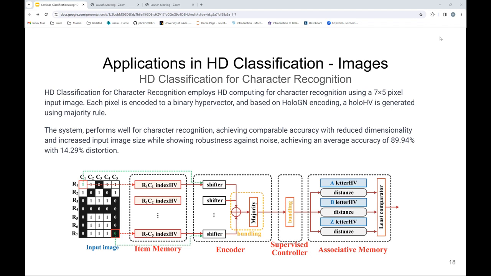The system performs well for character recognition, achieving comparable accuracy with reduced dimensionality and increased input image size while showing robustness against noise. The system achieves average accuracy of approximately 90% with a 50% distortion.